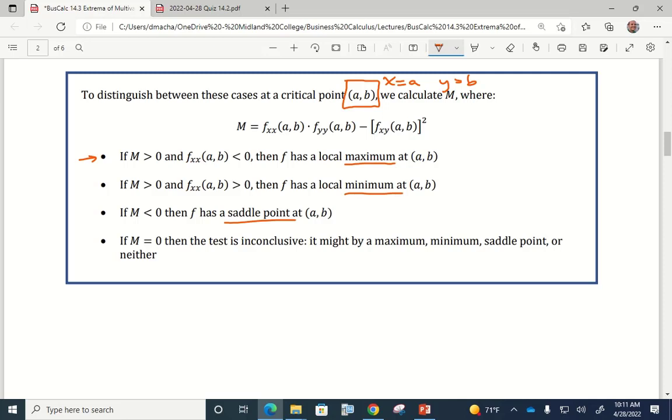If M is negative, then that critical point must represent a saddle point. And if M is equal to 0, then we don't know. Maybe it's maximum, minimum, saddle point. Maybe it's none of the above. So it is a little bit more complicated than the single variable case. However, it still sort of looks like the single variable case.